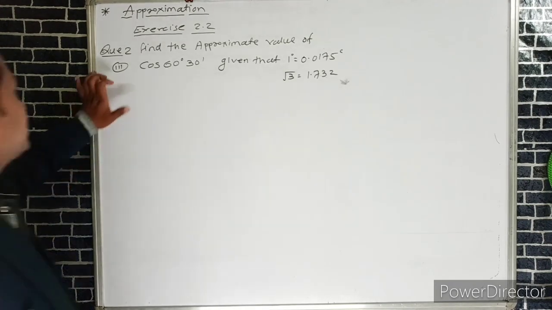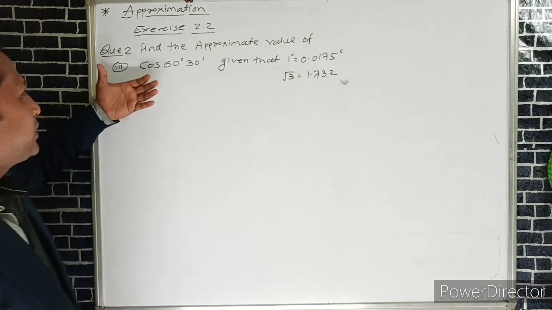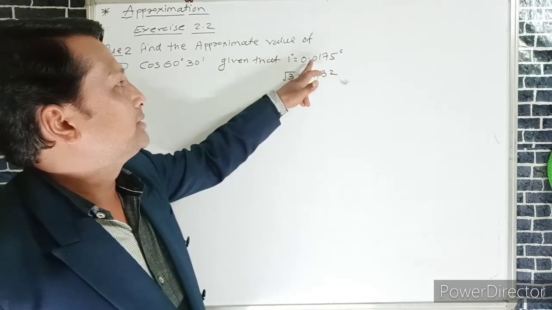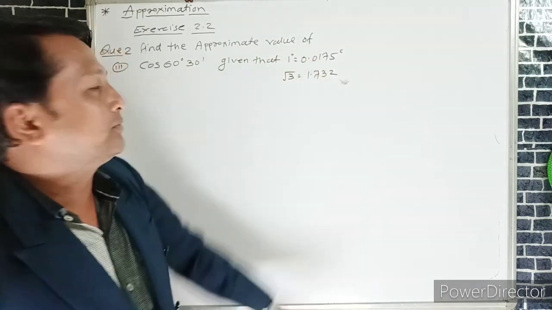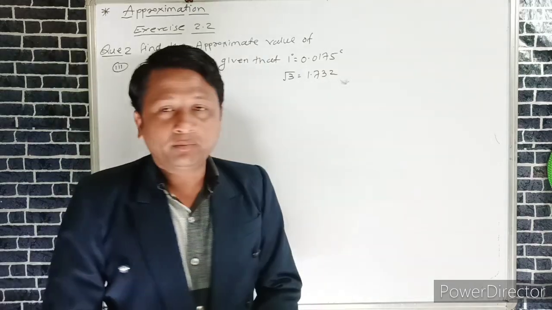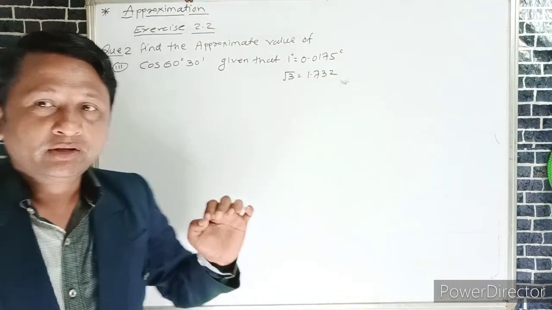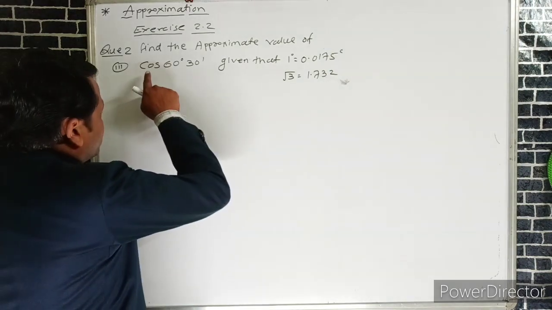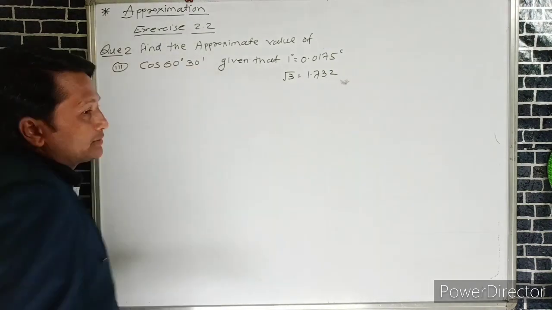Next, example number 3 is cos 60 degree 30 minutes, where the value of 1 degree is 0.0175 radian and the value of root 3 is 1.732. Using both values, we have to find the value of cos of 60 degree 30 minutes.